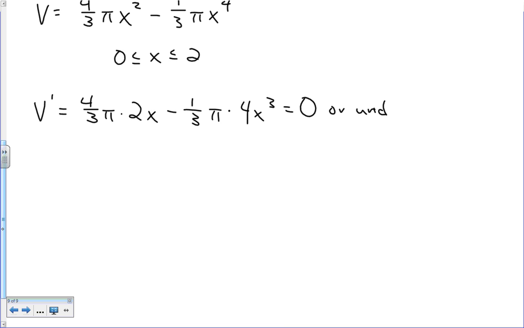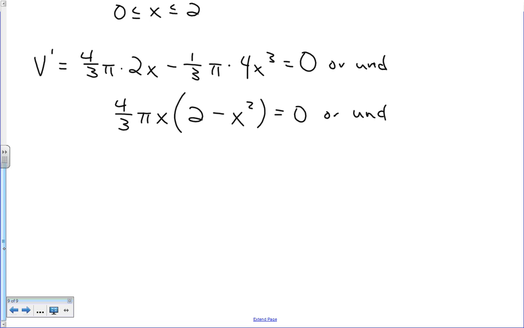I have a 4/3 pi I can definitely factor out. And I have at least one x in each of those two terms, so I can factor that out as well. If I factor out 4/3 pi times x, I'll be left with a 2 in the first term. 4/3 pi is gone in the second term, and I'm left with an x squared. And that I want to find out where that's 0 or undefined.